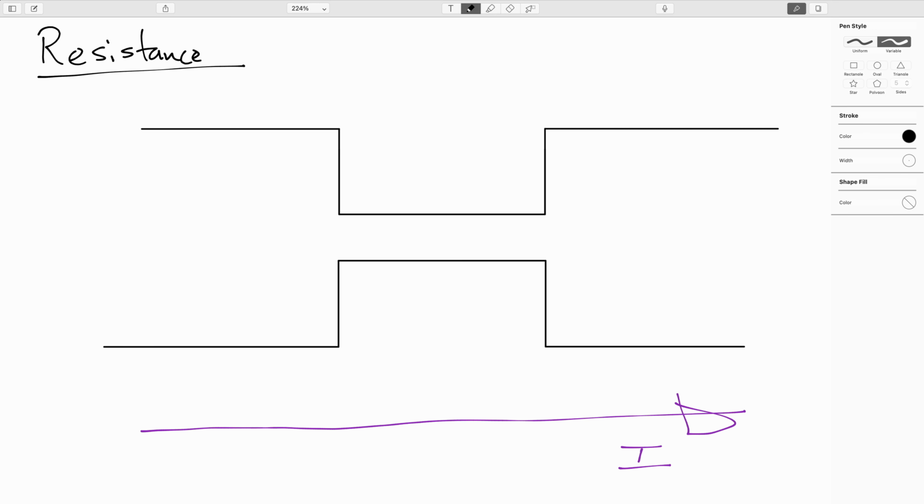So what we see here is just me modeling that constriction. Over here, I'm looking at a wire, and over here, the other wire. And then in between, I have a filament.